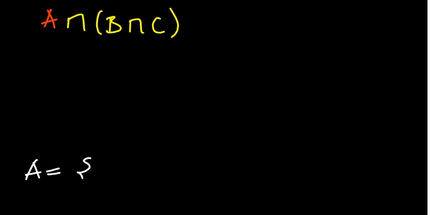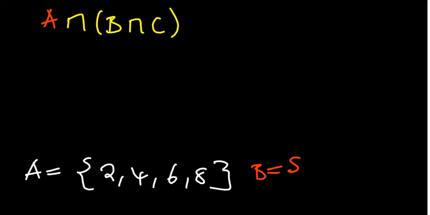let me try to give you an idea on how you can get to deal with this. A union B union C. So let's say we have, okay, let me deal with intersection. I'll give you A intersection B intersection C. Let's say we had the set A made up of even numbers less than 10, 2, 4, 6, 8, and then set B made up of the odd numbers, that is 1, 3, 5, 7, 9.